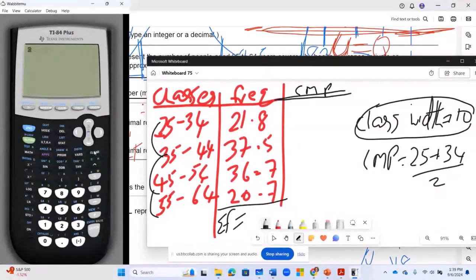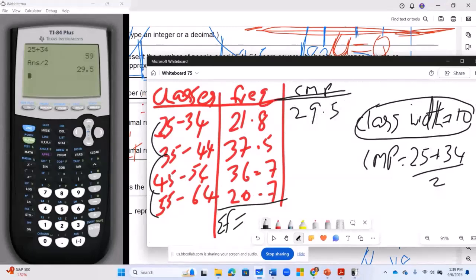I have to be careful, see? It's always good to eyeball the number that you typed in because people make mistakes. So I have 29.5. The first class midpoint is 29.5.